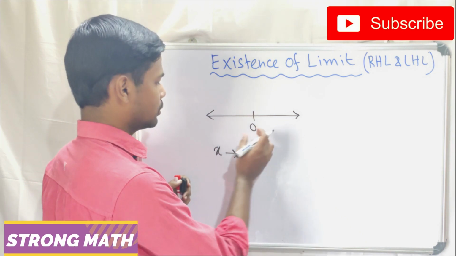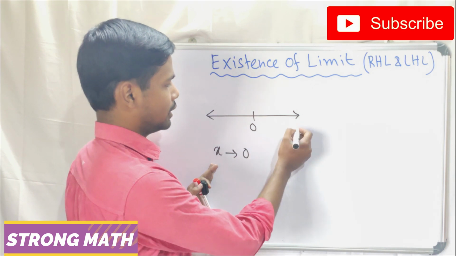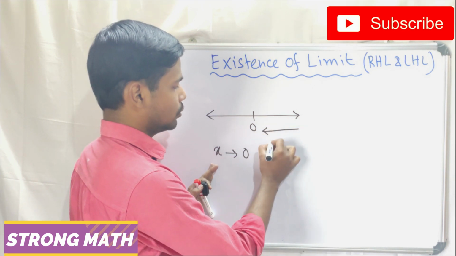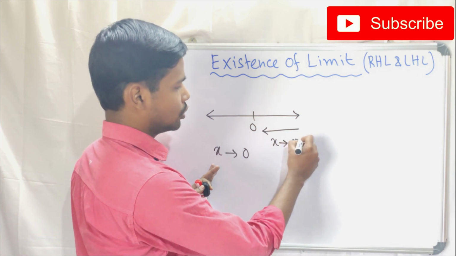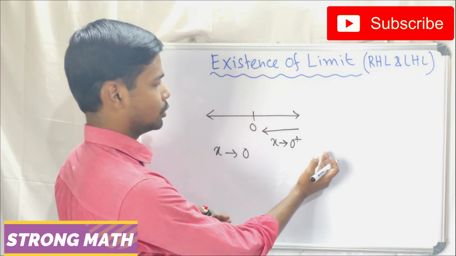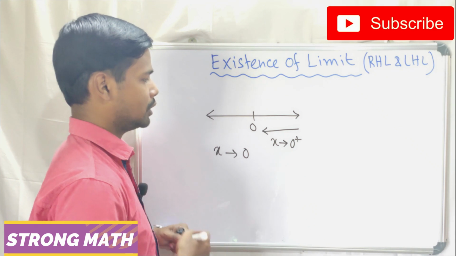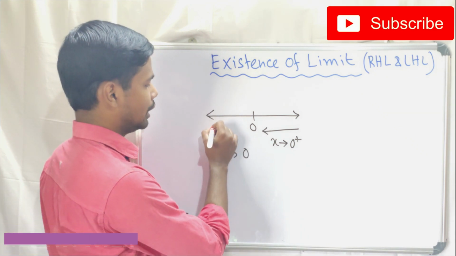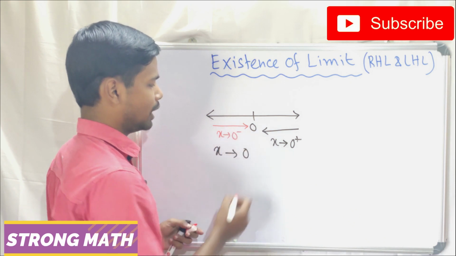Now remember, values of x can approach from the right hand side towards 0, which we have already denoted like x tends to 0 plus. X tends to 0 plus means from the right hand side of 0 towards 0. And another one, x can be approached from the left hand side of 0, which we can denote x tends to 0 minus.